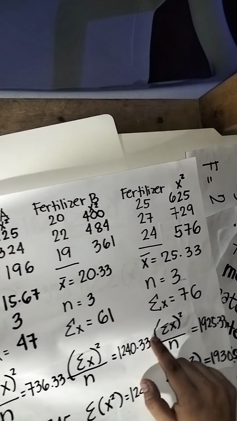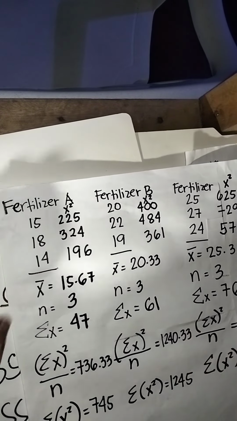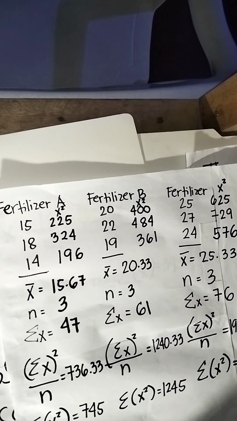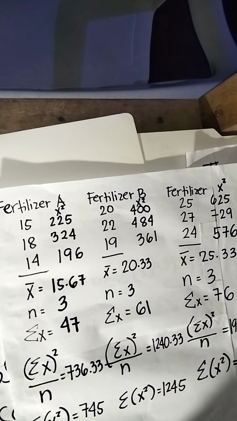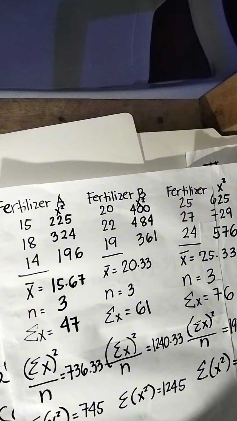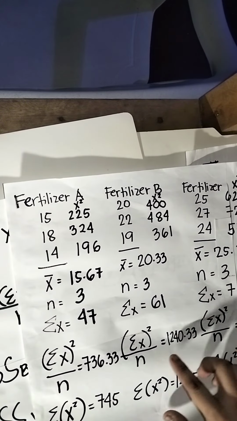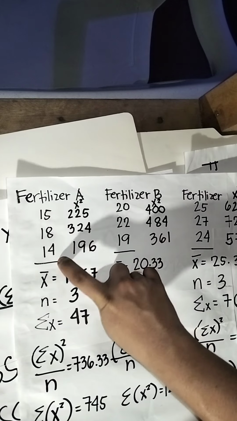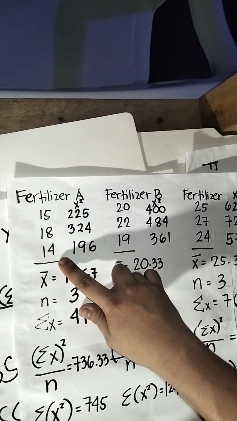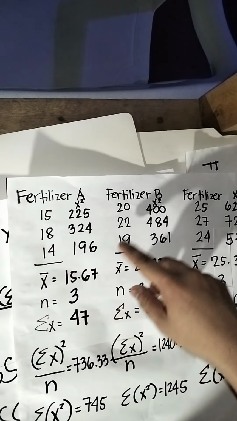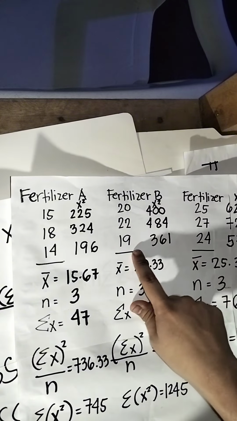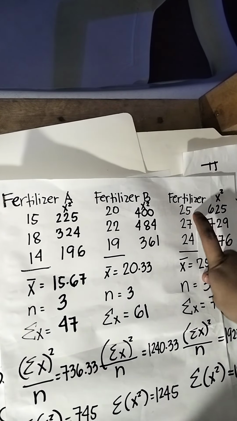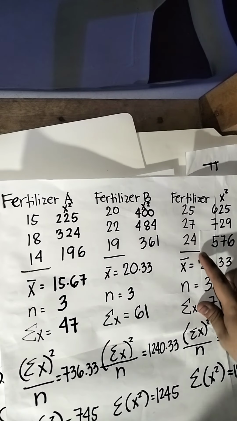Ato data is fertilizer A, fertilizer B, o fertilizer C. Okay, ang data na gihatag ni actually is this one lang. Kaning 15, 18, o 14. We also have the data for fertilizer B, 20, 22, 19. We also have the data for fertilizer C. We have 25, 27, 24.